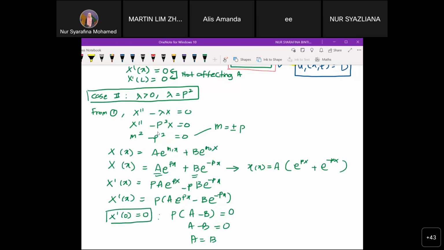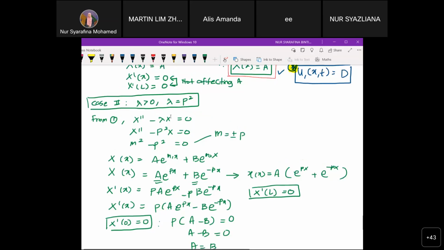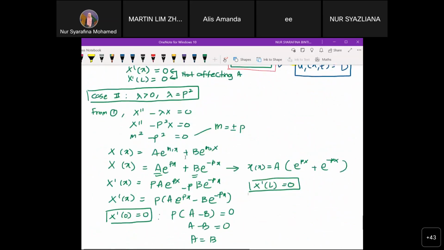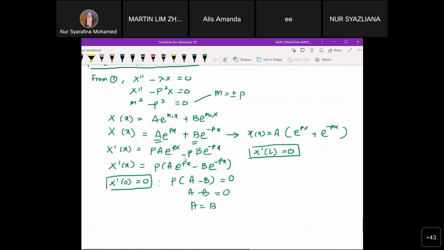Now the second condition, x prime L equals to 0. Just substitute x with L in the x prime here.